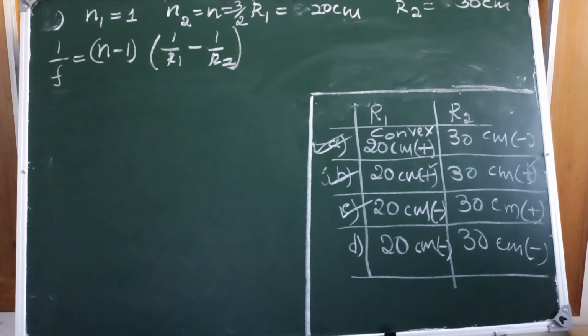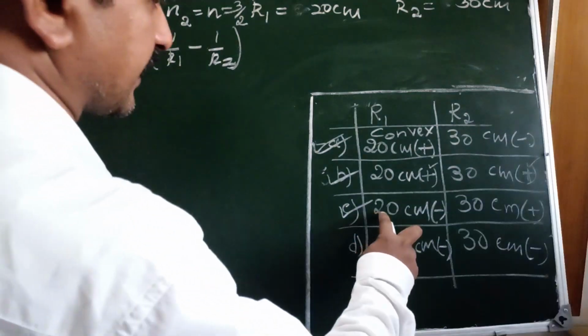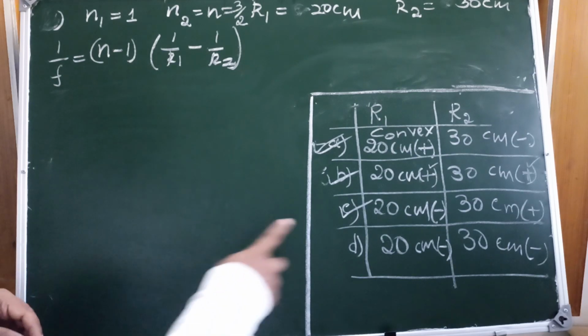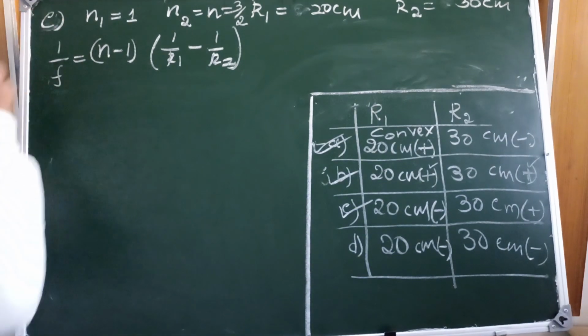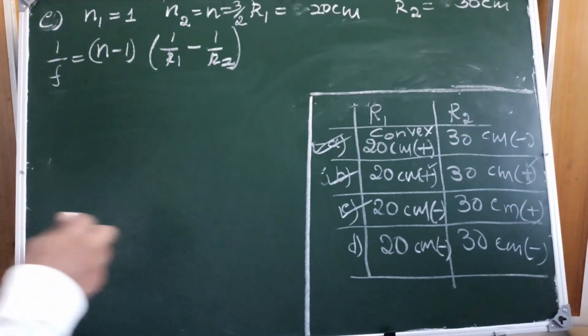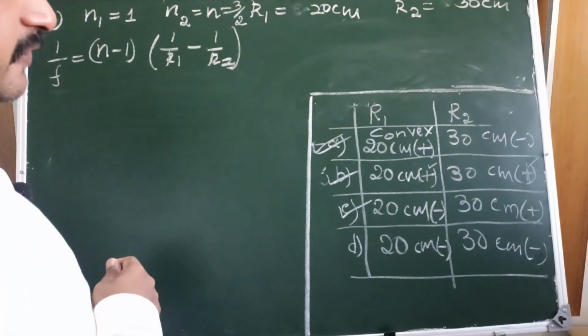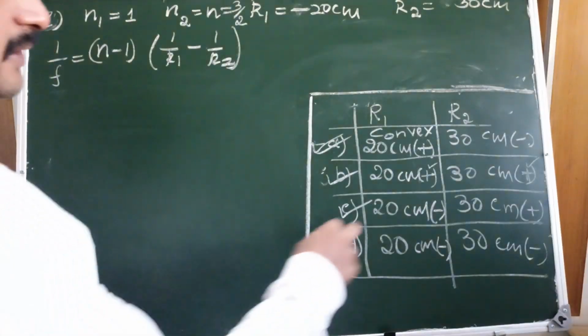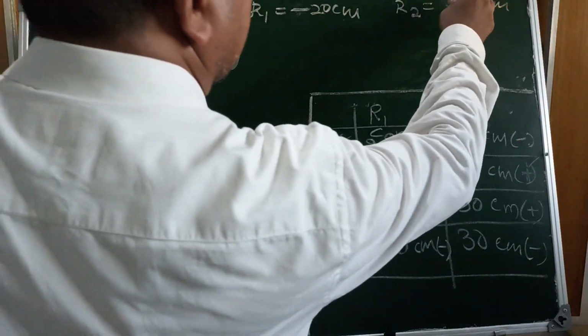Okay. Now let us move towards the type of lens C. Let us look at the type of lens we can make by using these radii of curvature. Check C. Here R1, the first radius of curvature, is minus 20 and the second radius of curvature is plus 30.